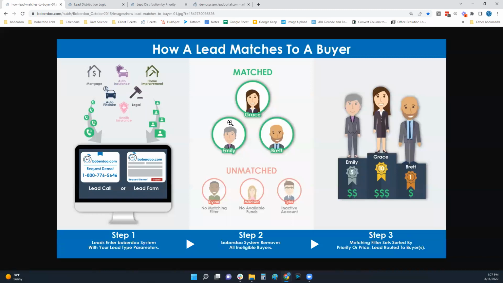So again, if you have 3 matches, Grace has a priority of 10, Brett and Emily both have a priority of 5. It will go to Grace every time. The important thing there is that it is an absolute ranking, so as long as Grace's filter set matches, she will get the lead.